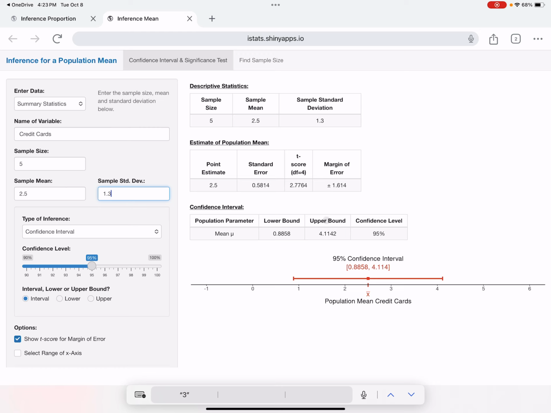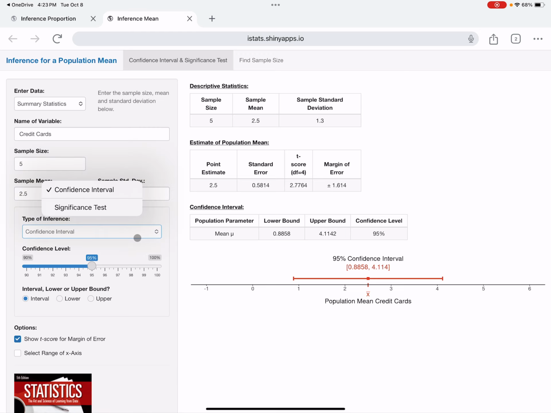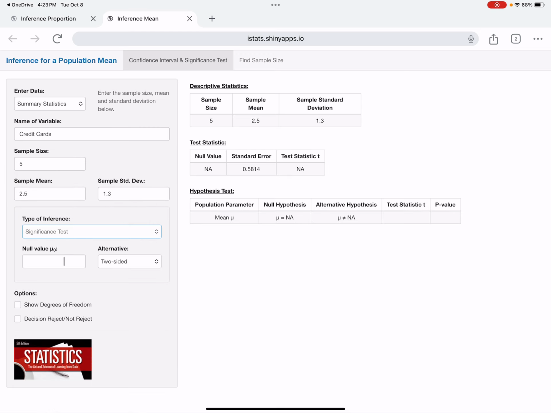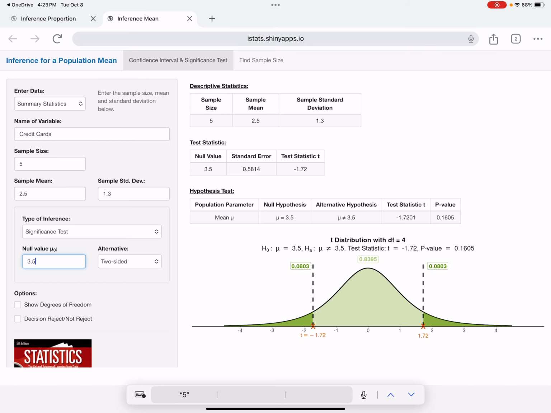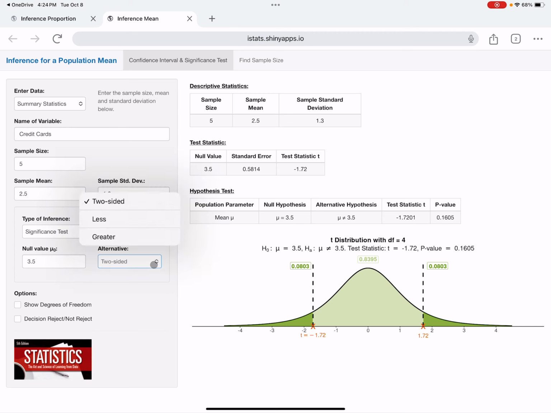And we don't want to do a confidence interval. We want to do a significance test. The null hypothesis in our case was that mu equals 3.5. And we wanted to run a left-tailed test, so we'll make this less.